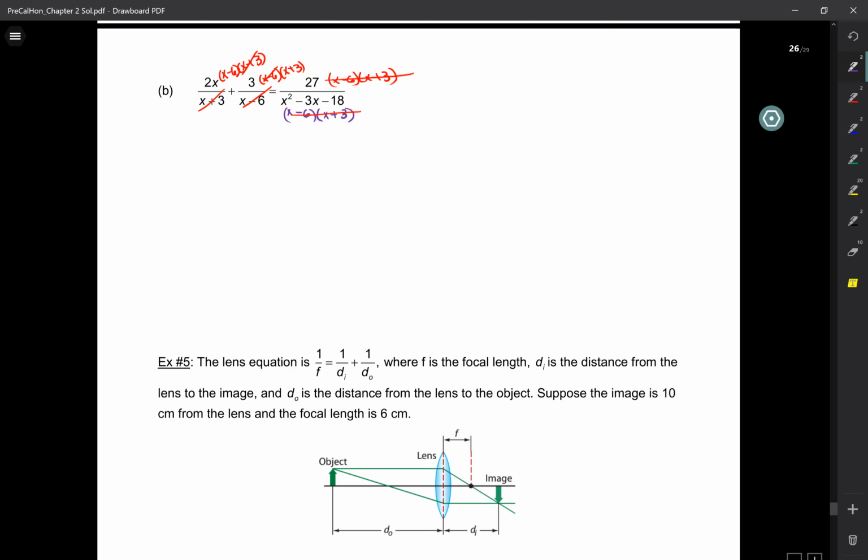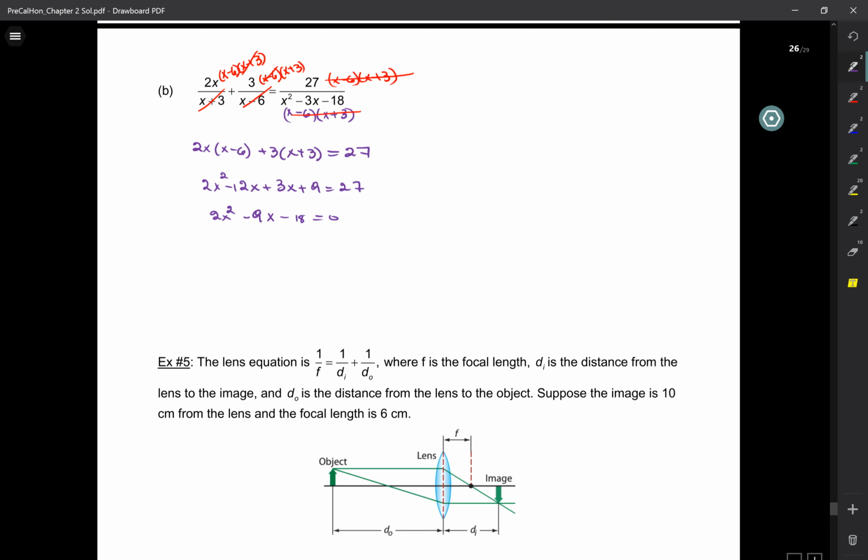Okay, what do we get? 2x times x minus 6, plus 3 times x plus 3, equals 27. So 2x squared minus 12x plus 3x plus 9 equals 27. 2x squared minus 9x minus 18 equals 0.